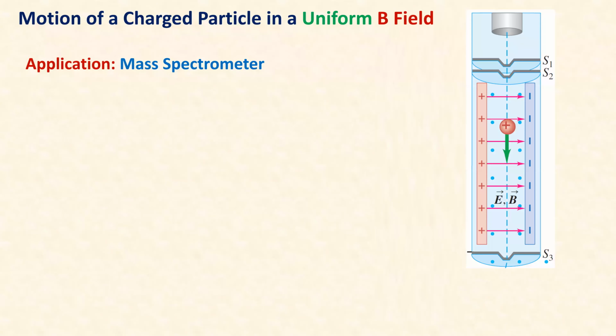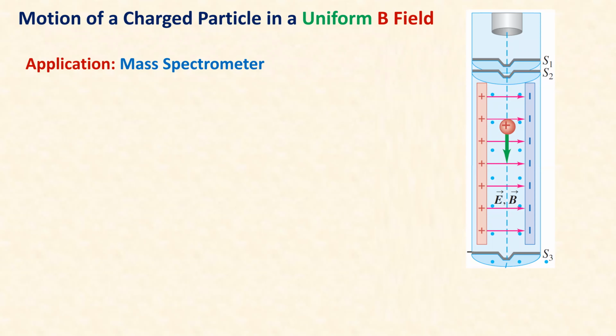Another application of this is the mass spectrometer. You probably heard about this in some physics or chemistry labs. They do mass spectrometry that shows different masses of the different isotopes of atoms.